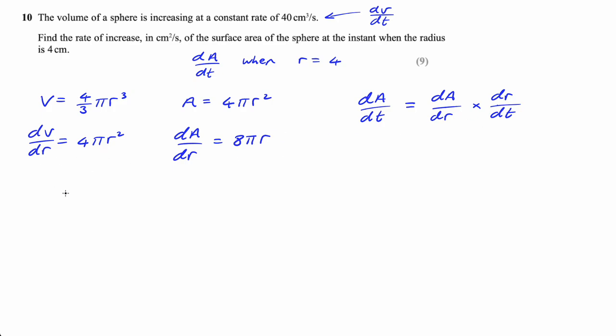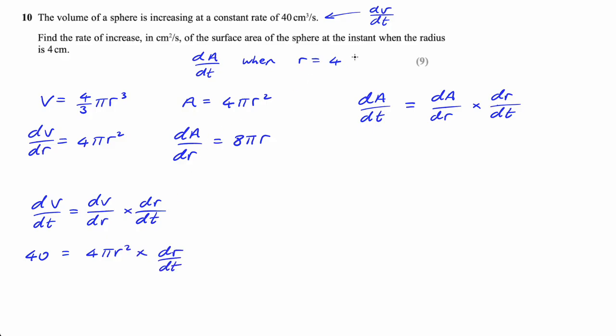So let's go back to this. dV/dt is dV/dr times dr/dt. Now we know dV/dt is 40. So 40 equals dV/dr, which is 4πr², times dr/dt.